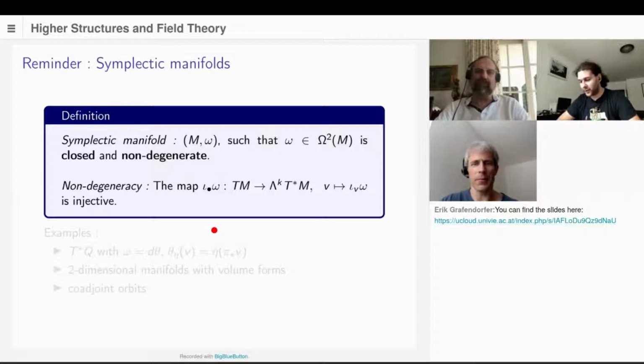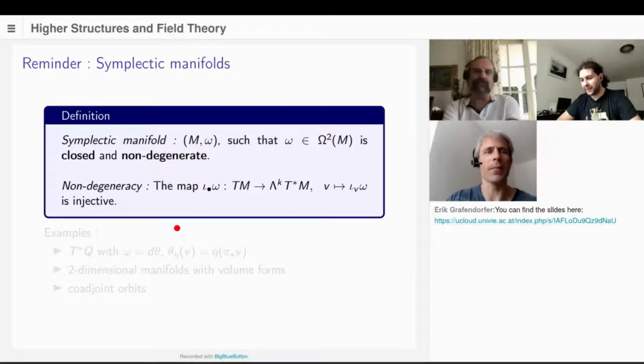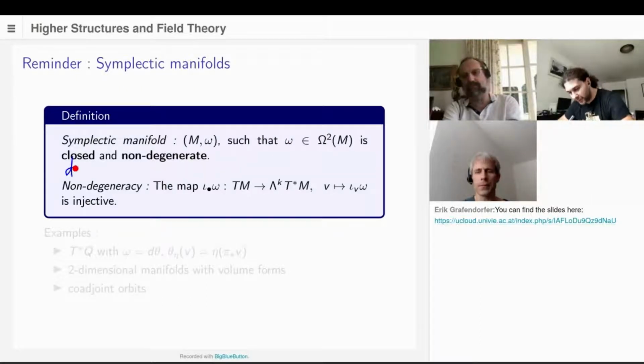I'll just very briefly remind you of some aspects of symplectic geometry that we'll be interested in. I assume I shouldn't tell you this, but a symplectic manifold is a manifold equipped with a differential 2-form which is closed and non-degenerate, where closedness means with respect to the de Rham differential, and non-degeneracy means that the contraction of a vector is a bijection from the tangent bundle to the cotangent bundle at any point.